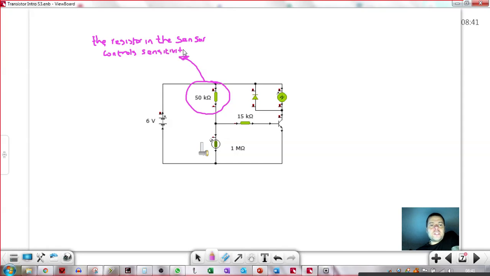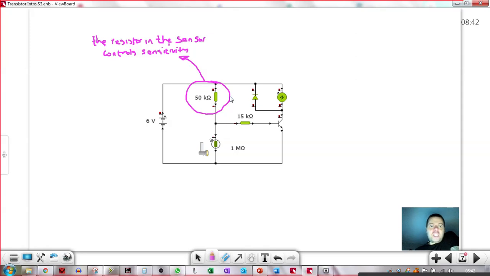We saw at the start that this sensor was too sensitive to light. We were at 0.7 volts as soon as light started to drop. Bear in mind this is a darkness sensor, so I suppose you could say it was too sensitive to darkness.